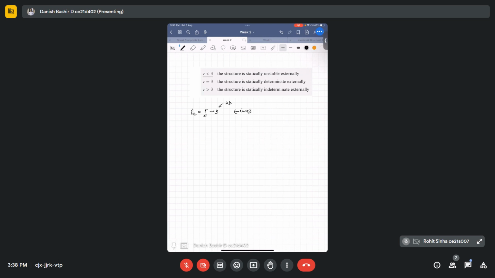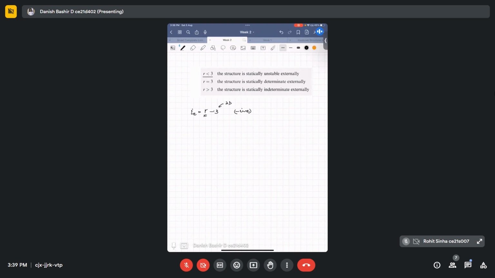That means one equation of equilibrium is in excess of the reaction forces, so that structure will be statically unstable externally. What I mean by that is, for example, if I remove one support, it will not be stable. It will fall down.